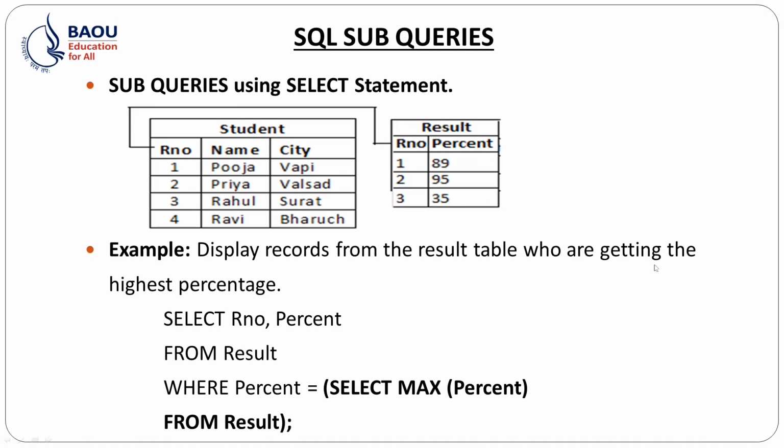Here the question is getting the highest percentage. We cannot write the max aggregate function in the outer query, so we write this type of query. It is the outer query. We need roll number and percentage, so write select roll number, percentage from result where percentage is equal to.